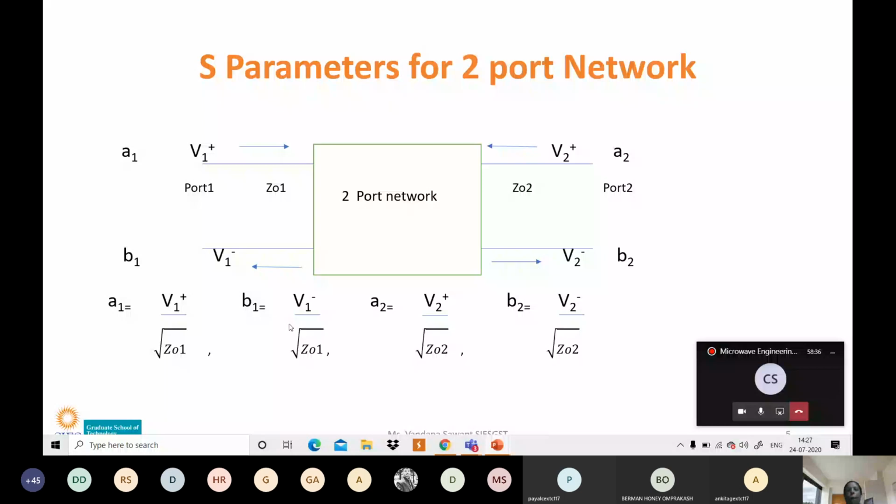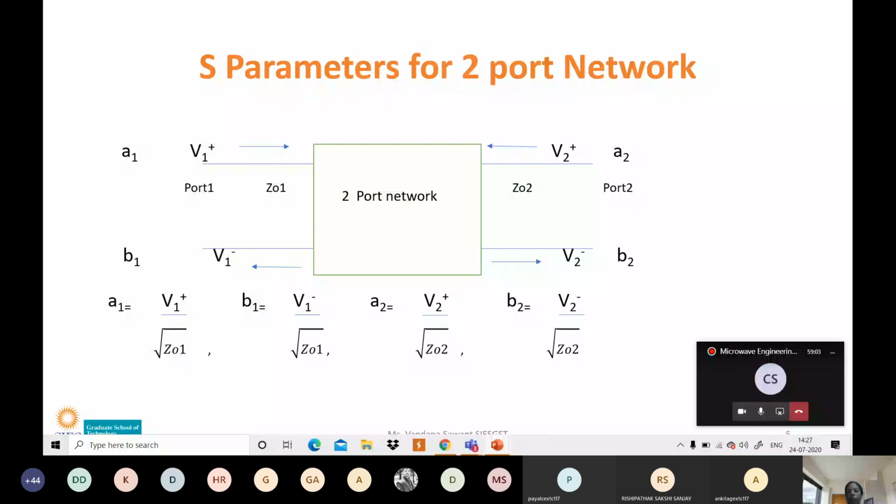You draw the network first and note down the formulas for A1, B1, A2, B2. Okay, shall we move further?